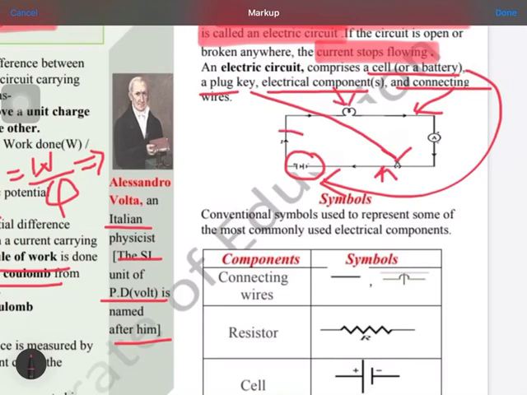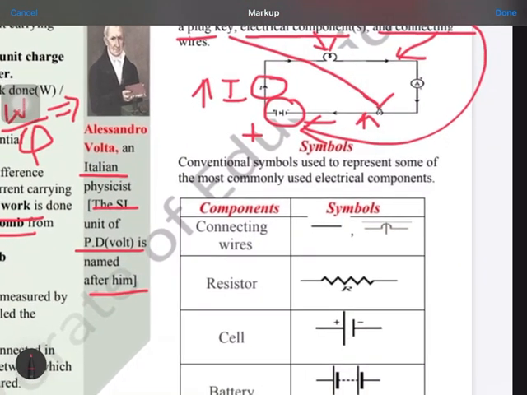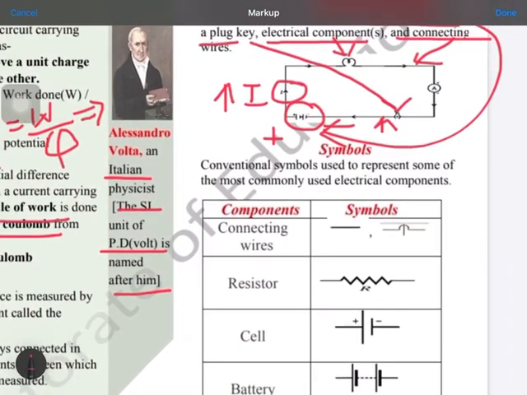But this arrow showing upward direction with the value I denotes that the current is flowing from positive to negative. This is very important: in every electric circuit you have to show this symbol of current along with the direction of current, and that should be shown from positive to negative.